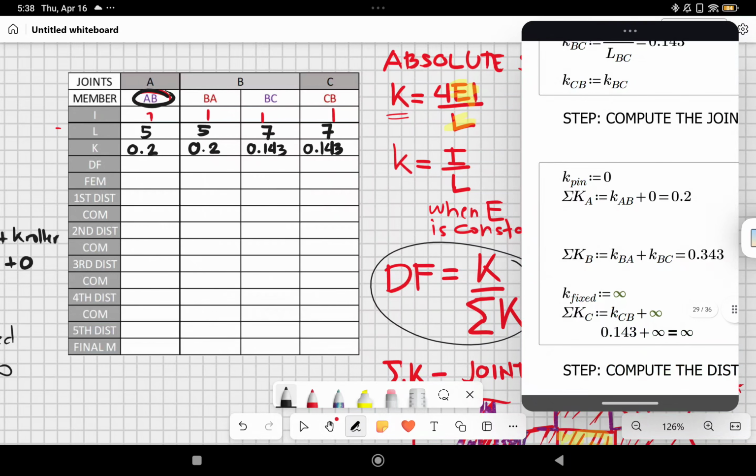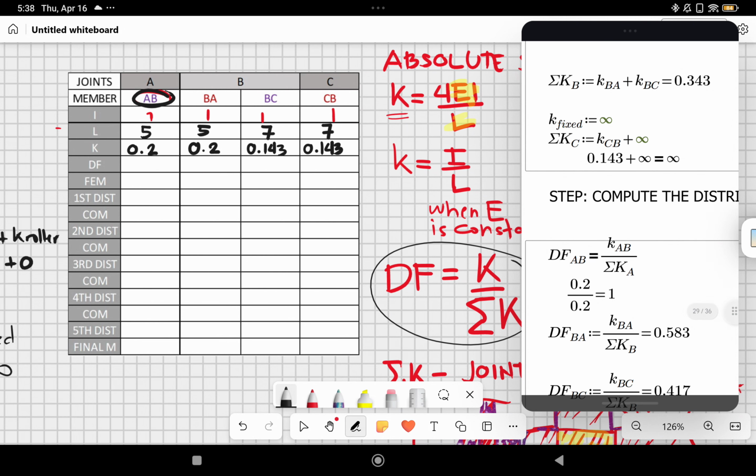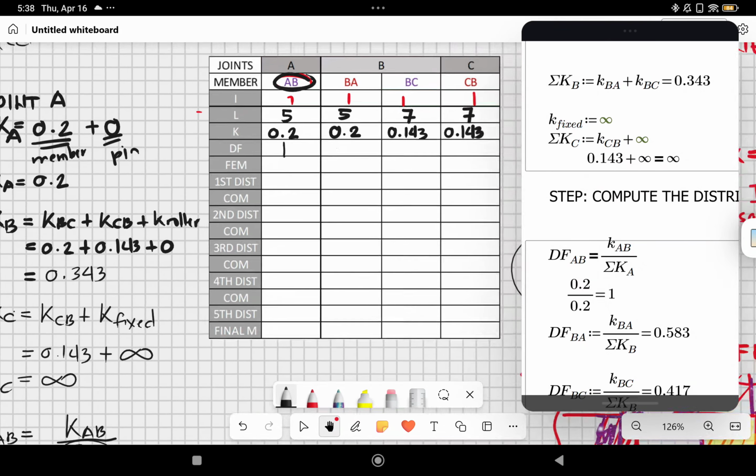I have pre-computed everything, so let me just copy the answers. For DFAB, that is KAB over summation KA. KAB is 0.2. Summation KA is also 0.2. So, that is 1. DFBA is KBA, which is 0.2, over summation KB, which is 0.343.